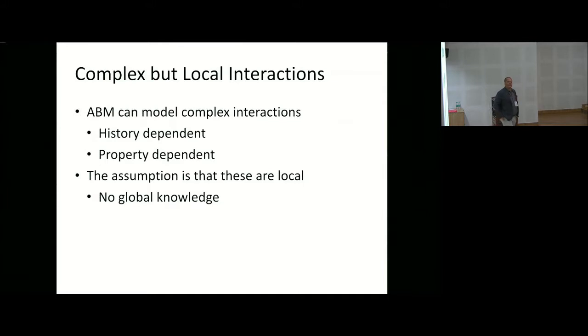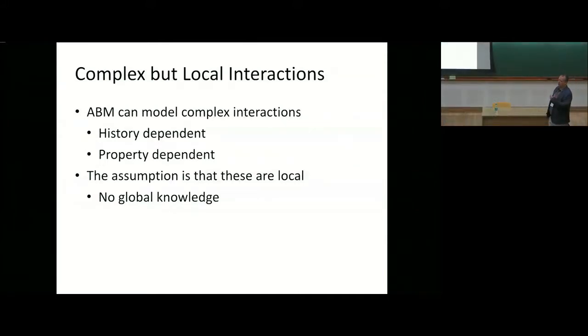So agents can model complex interactions. For instance, in the preferential attachment, the giant component model that I showed you, the agents just form links randomly with each other. But what if I have a model in which some of the agents are into science fiction and some of the agents are into comedies?